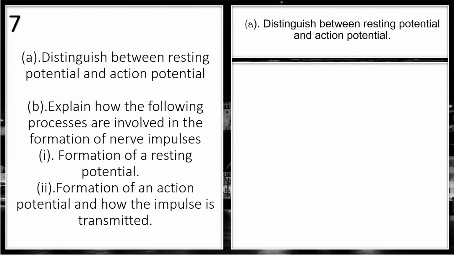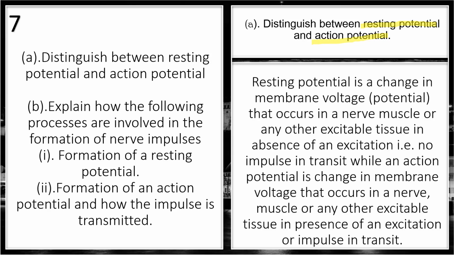Distinguish between the resting potential and the action potential. Resting potential is a change in the membrane voltage or potential that occurs in the nerve, muscle or any other excitable tissue in the absence of an excitation.